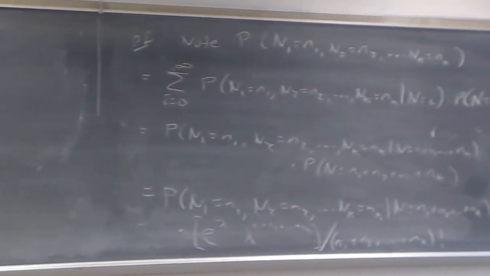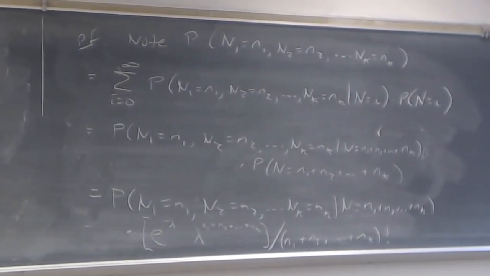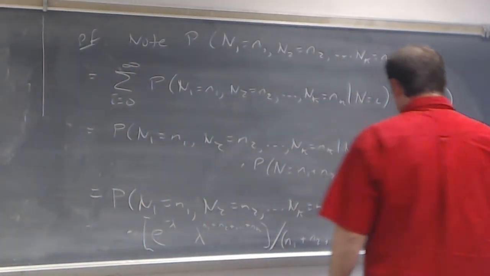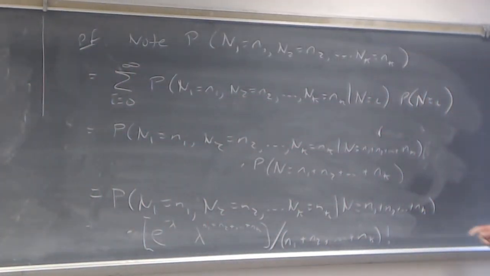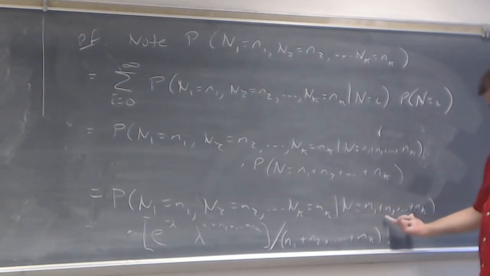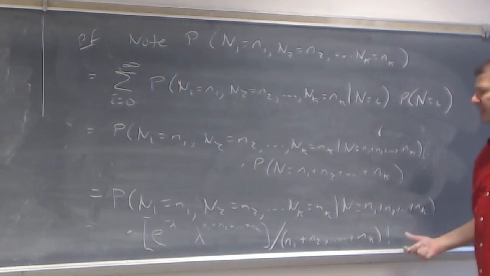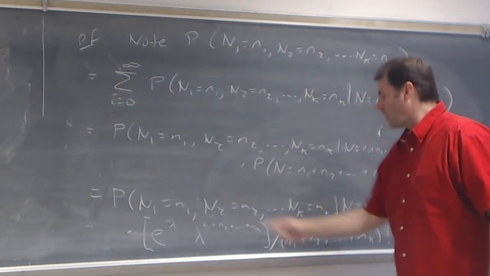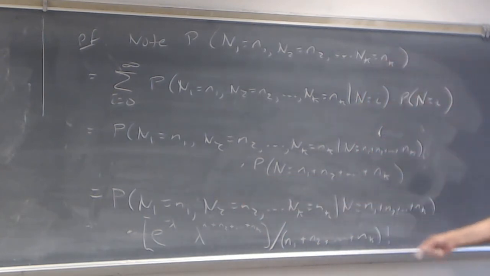Now look, what I'm about to explain is something that generates the binomial PMF. But here's what we're thinking. We know we've got this many things that happen, and we're asking, how do we split them up? We've got n sub 1 of type 1, n sub 2 of type 2, and all the way up to n sub k of type k, when we know the sum of them happen.